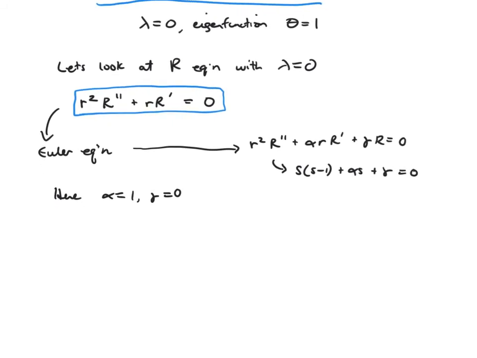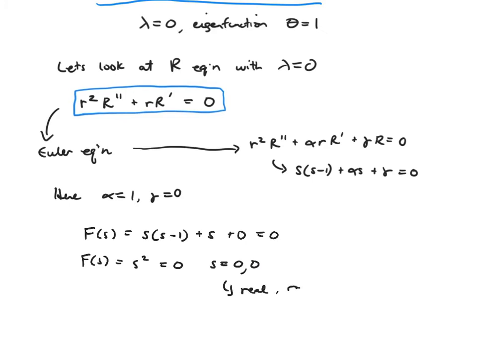So I look at this capital F of S, which is S minus 1 plus alpha S, so that's plus S, plus gamma, which is 0. And I want the roots of this thing. S squared minus S plus S is just S squared equals 0. S equals 0 twice, in some sense. So these are real, repeated, or equal roots.